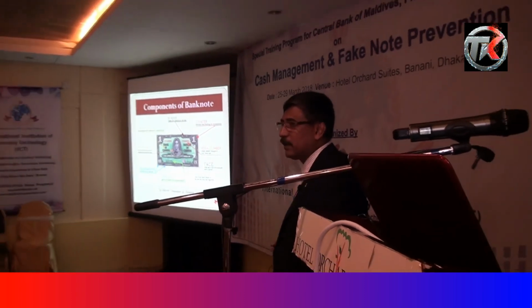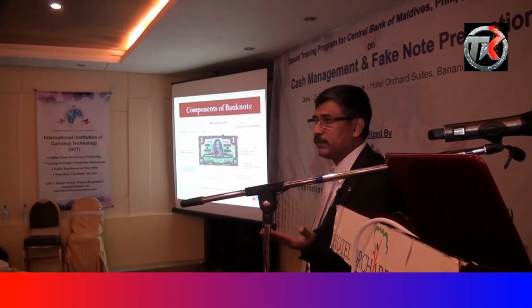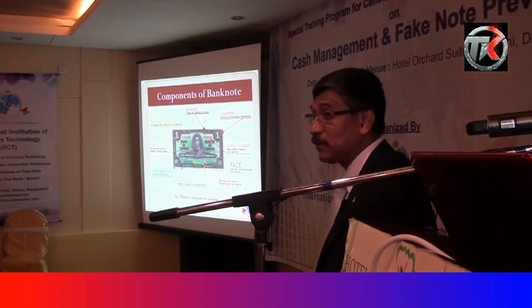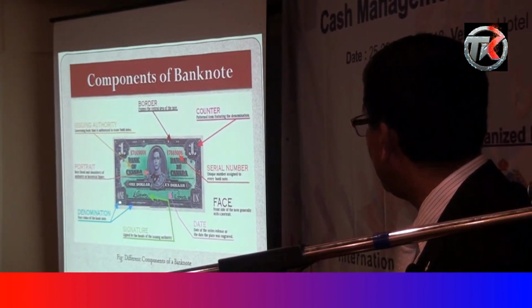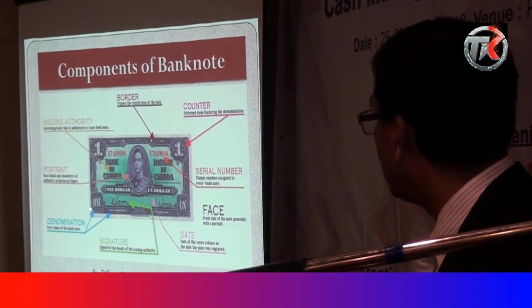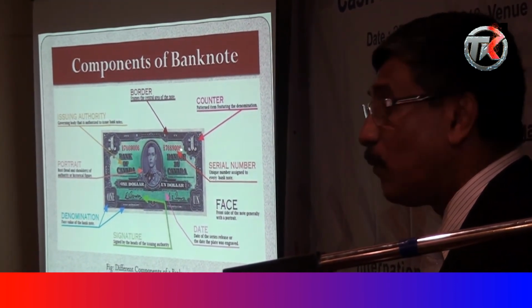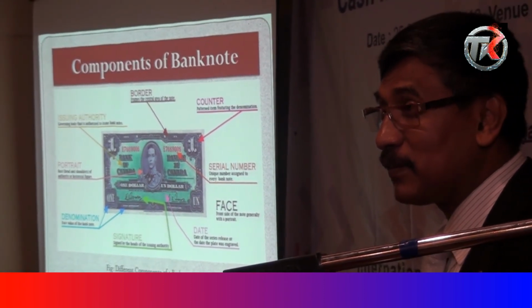Denomination is written in all banknotes. It is written on both sides. The size of the denomination varies. It is written, spelled out, 1, and here it is 1, numerical. This is called Arabic numerals.